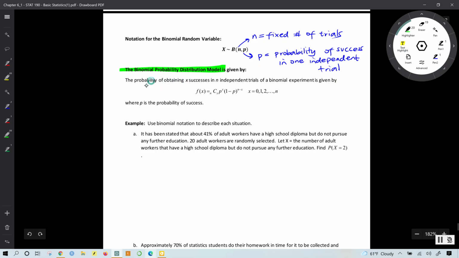Now, the probability for computing any of the possible values of a binomial random variable is given by this probability distribution function.